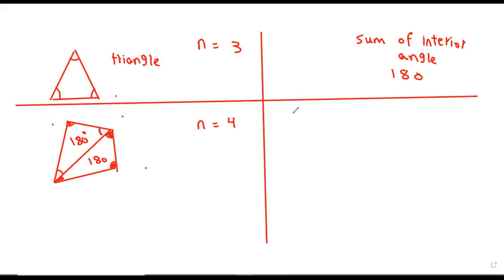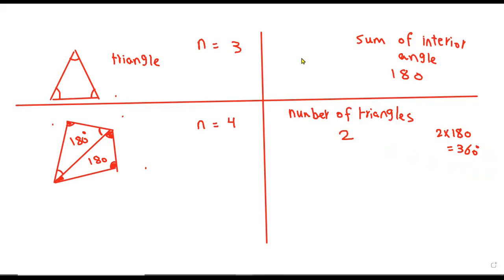I'm going to write number of triangles in the quadrilateral: 2. And the 2 triangles, each one equals 180. So the sum of interior angles of any quadrilateral, you will multiply 2 times 180 equals 360.